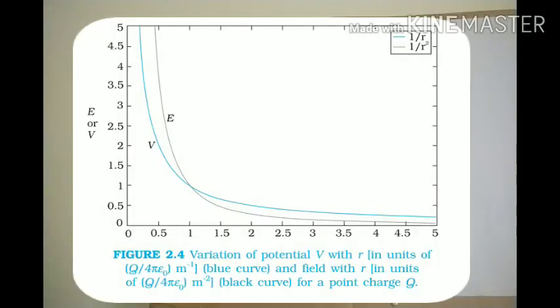Now this graph gives you the variation of electrostatic potential and the electric field with the distance.